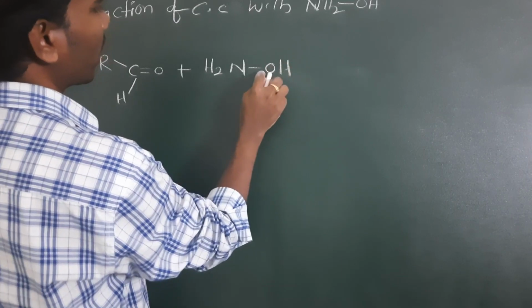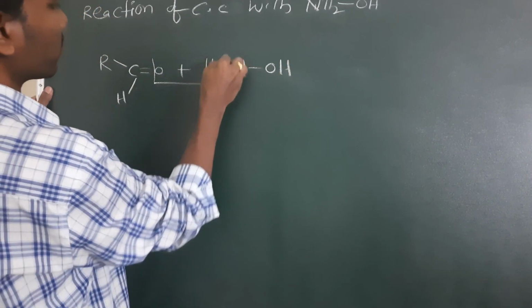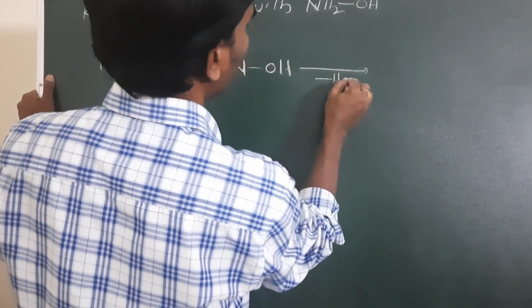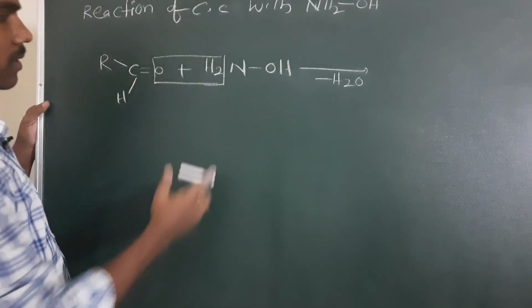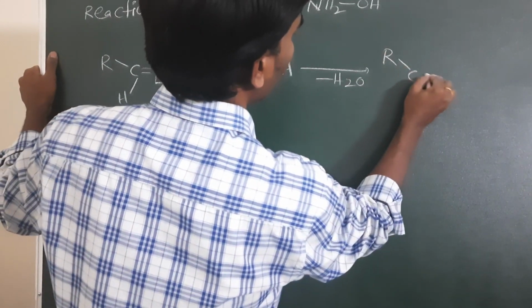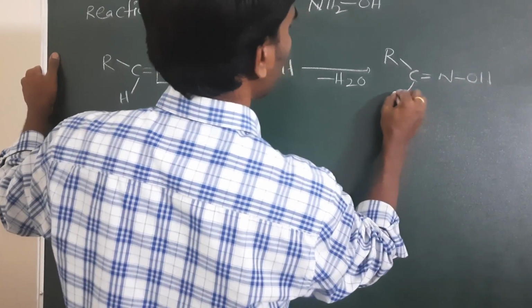Instead of one hydrogen of ammonia, it is replaced by OH, so this is called hydroxylamine. This water molecule will be eliminated, minus H2O. Every time there is no need to write the mechanism; I am saying directly how to write the product. RC double bond NOH will form.